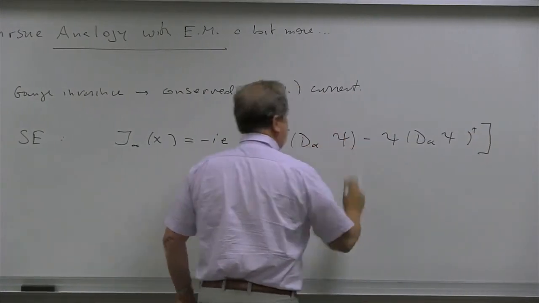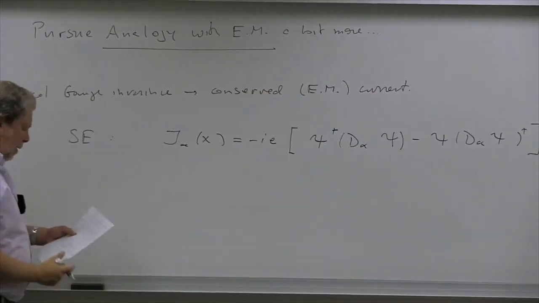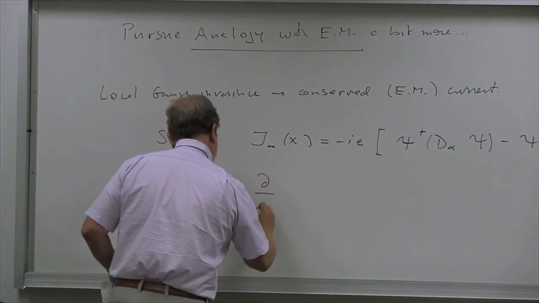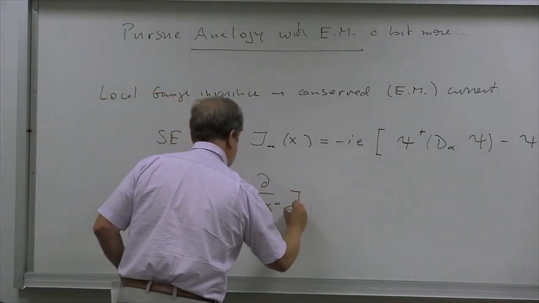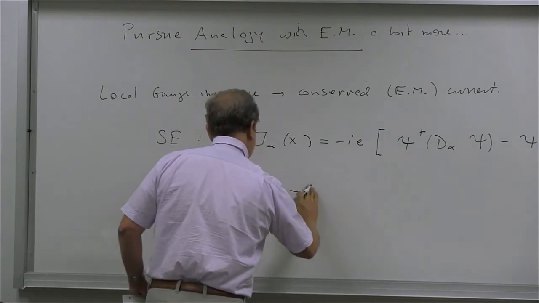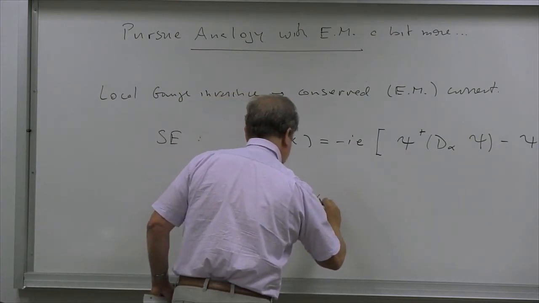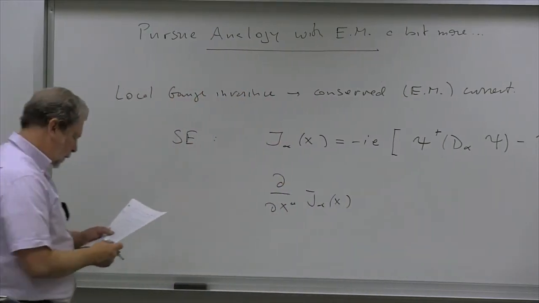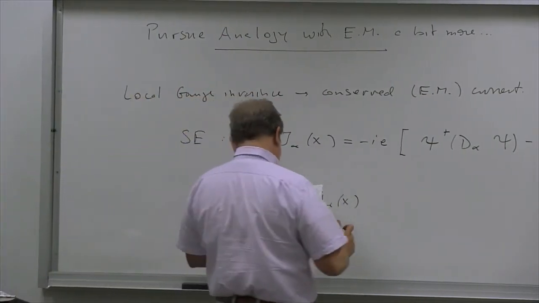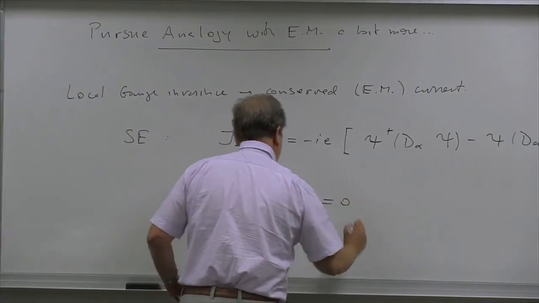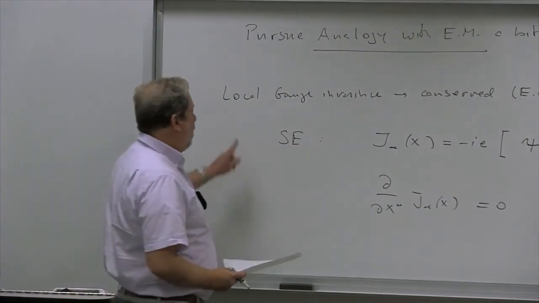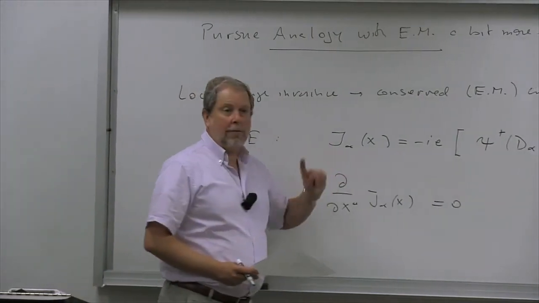So this expression here. And you can now calculate d by dx alpha. I'll leave that as an exercise to calculate this object. And this is identically 0. So whenever you have a local invariance, then you have a conserved current.